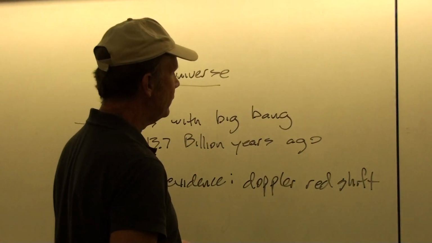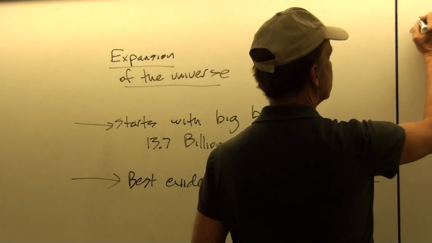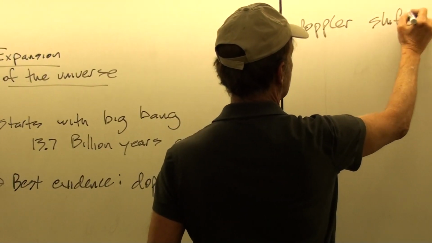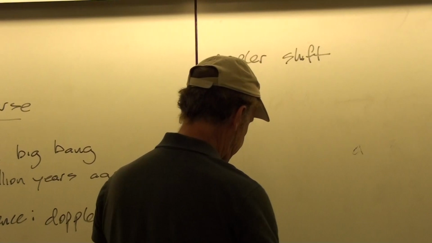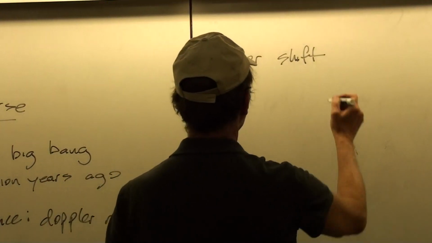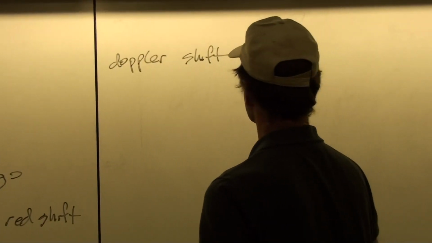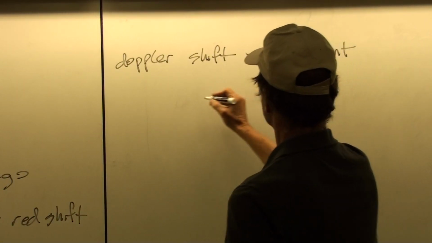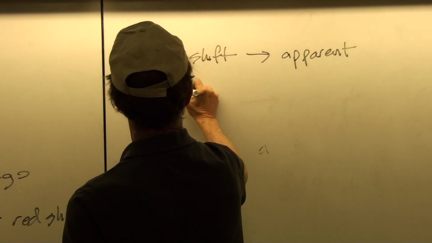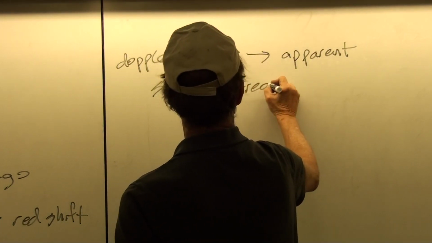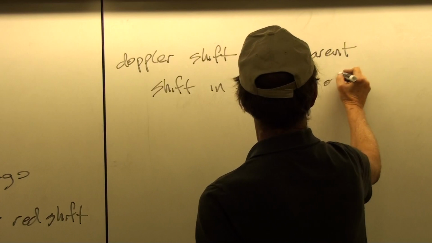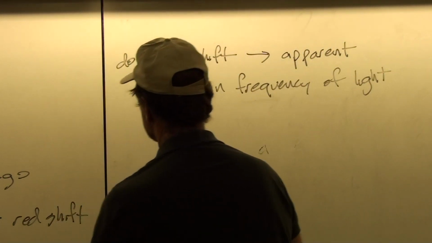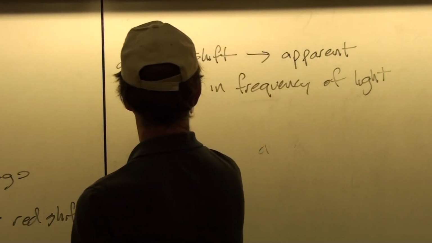Okay, and so what we do then, the Doppler shift is an apparent shift in the frequency of light due to relative motion between the source and the observer.